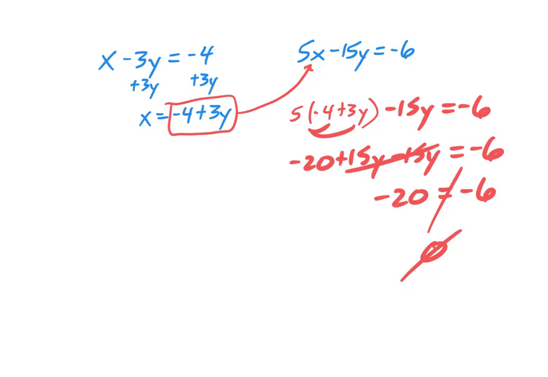All right, let's do one more substitution, and then we're going to move on to elimination. Okay, we have only one variable that doesn't have a coefficient. That's the variable we're going to choose to get by itself again. So we're going to add 2y.